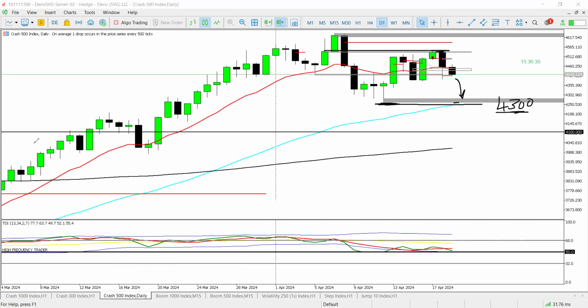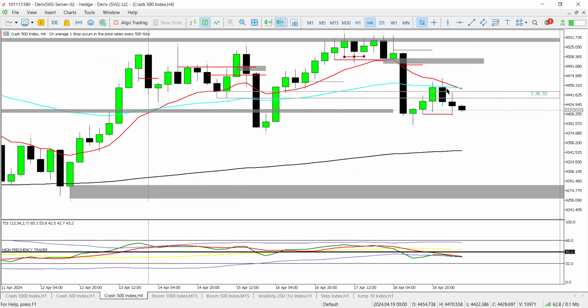So higher time frame in line, giving us the bias, 4 hour time frame. Impulsive move, a retracement. Now it looks like we're having the second leg of the impulsive move on the 4 hour. So we expect to catch a candlestick like this or a candlestick like this at any point here.